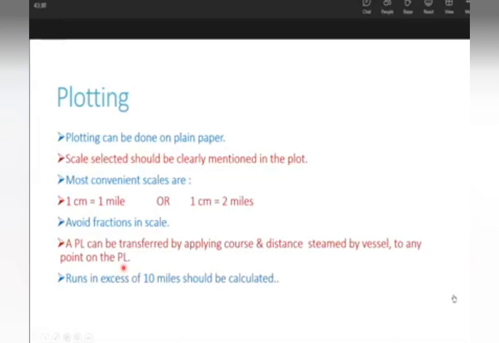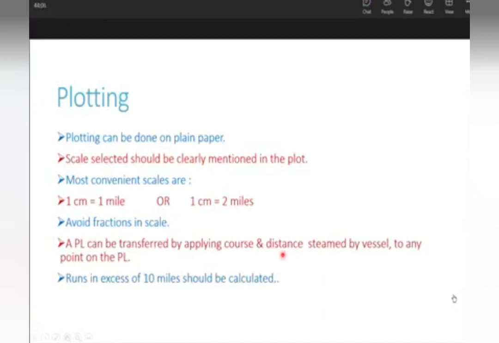In calculation, we pick up any point on the initial PL, apply plane and parallel sailing to it and find out the position arrived at after a certain course and distance has been applied to it. So this is the calculation method. We can calculate the new point or the new reference position from where the transferred PL will be passing.